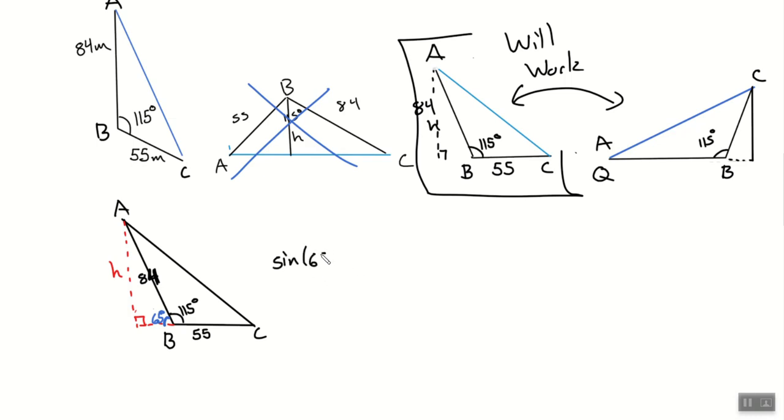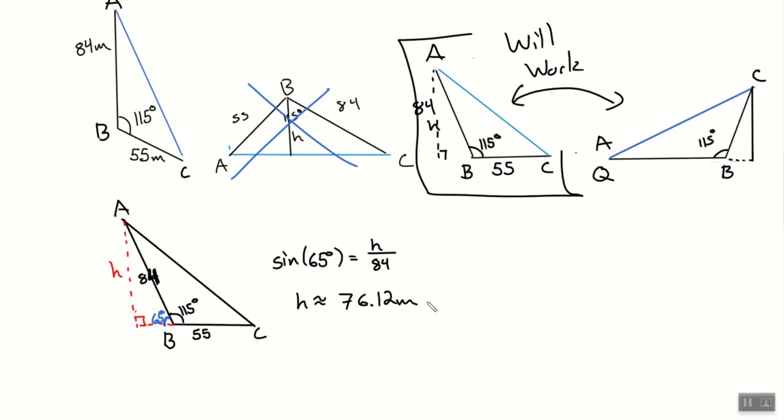Love it. Sine of 65 degrees is equal to opposite, my height h, over 84. Okay, find me the height of this triangle. 76.12. Okay, meters.